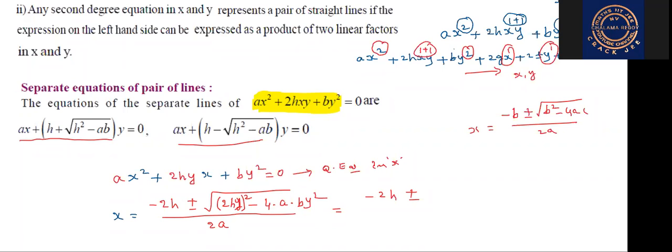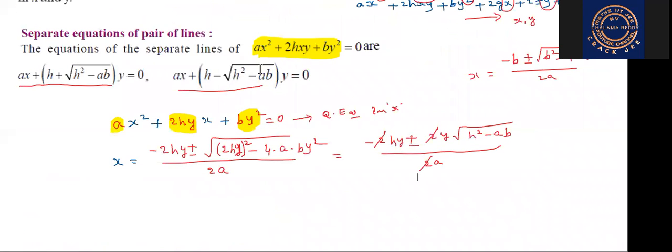4y square take common, you will get outside 2y under root, remaining part h square minus ab. Here also we need to write y or not. B value is 2hy. This is ax square plus bx plus c is equal to 0, these are the a, b values. Okay. Now the denominator, what is it? 2a. So 2 take common and it is going to cancel.